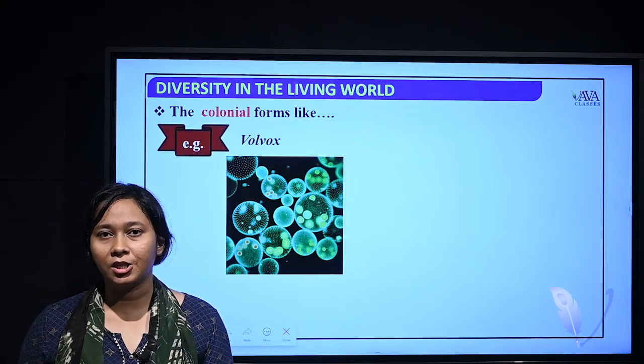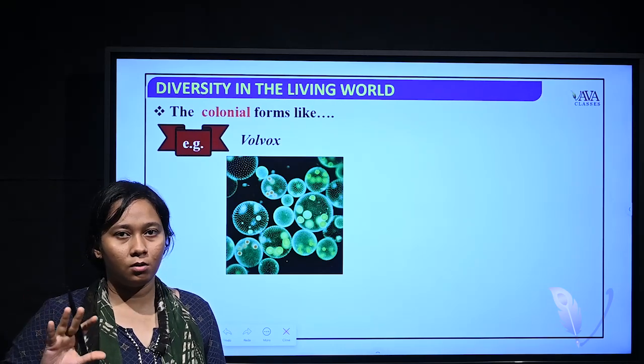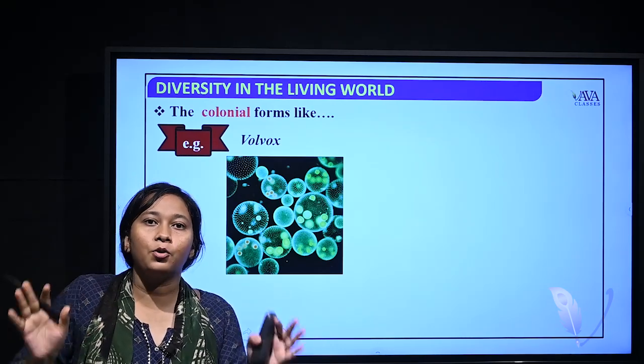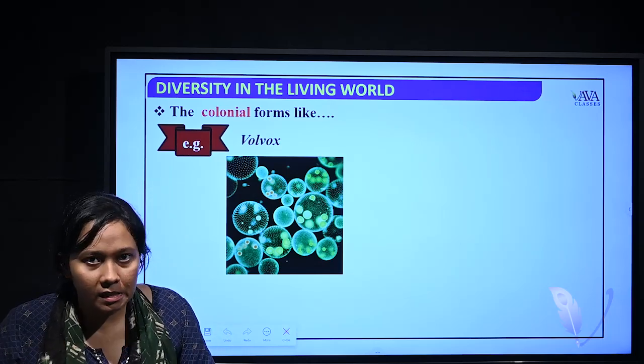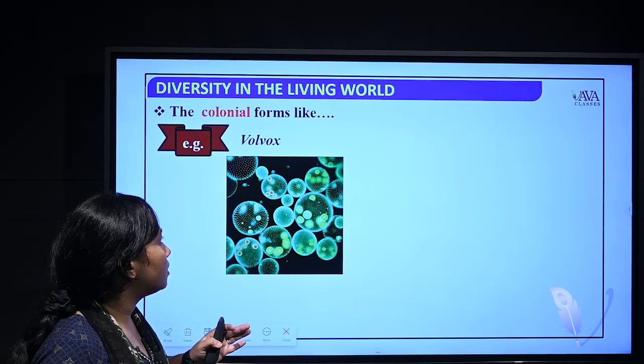There are also some algae that live in groups, okay, who survive by forming a group, those are called colonies. For example, your Volvox.